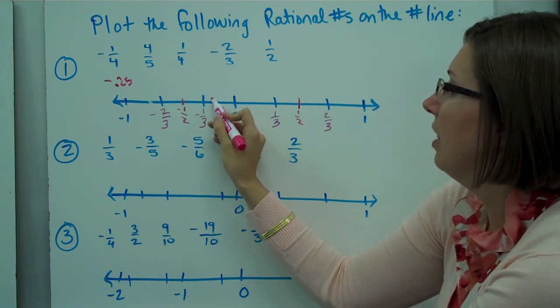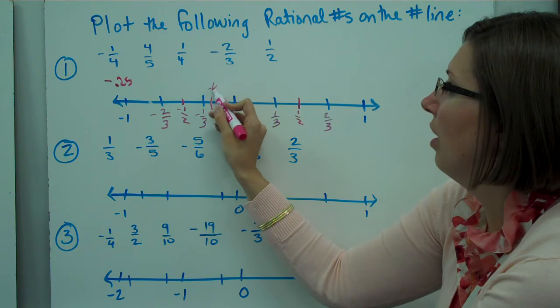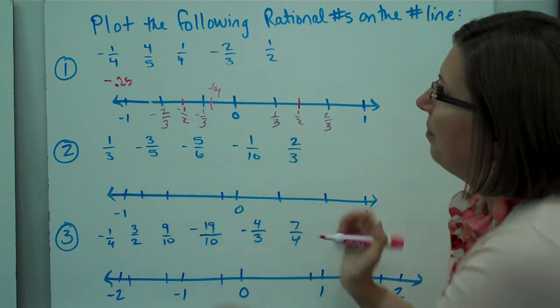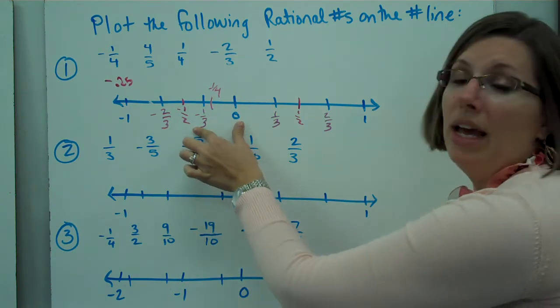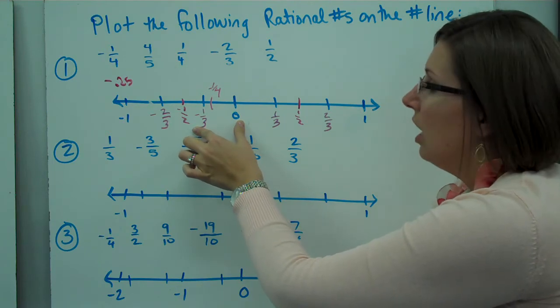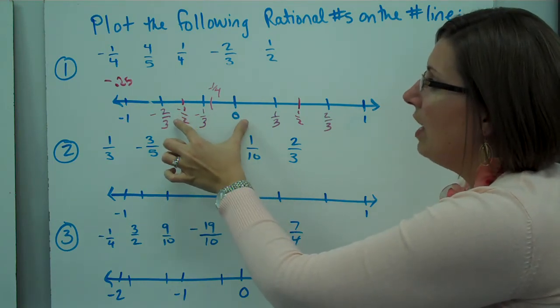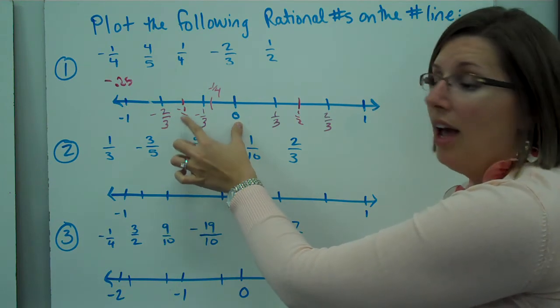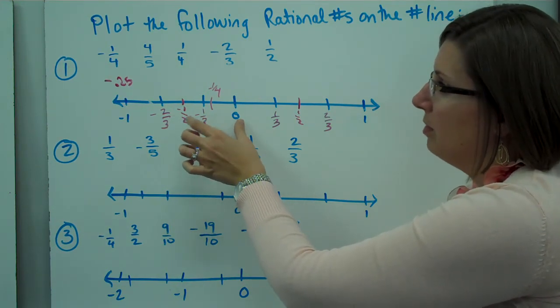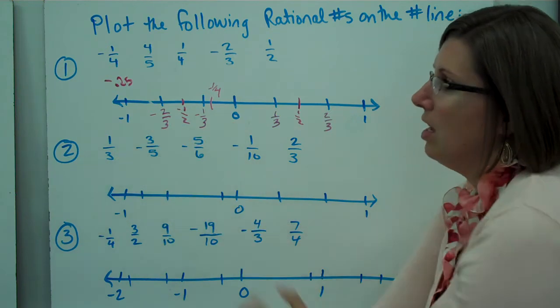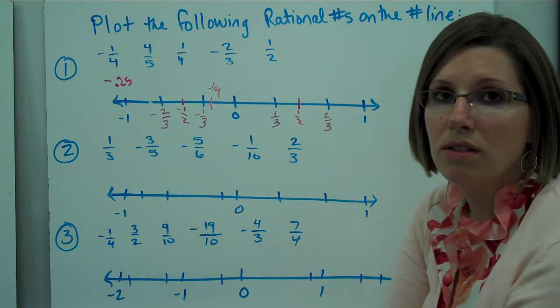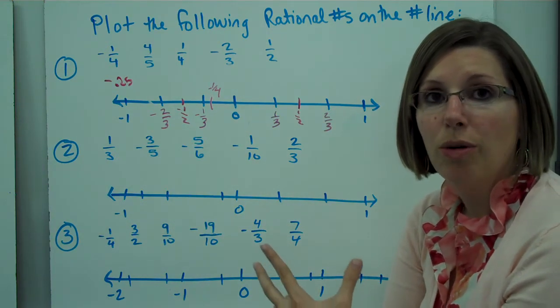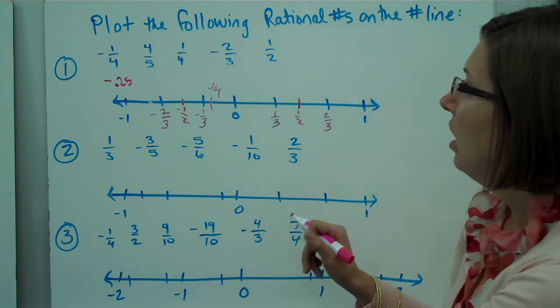I'm going to put this fraction, negative 1/4, in between 0 and negative 1/3. If you think about it, it's halfway between 0 and negative 1/2. It's 1/4 of the way from 0 to negative 1. So think of all those relationships as you go through and plot your points.